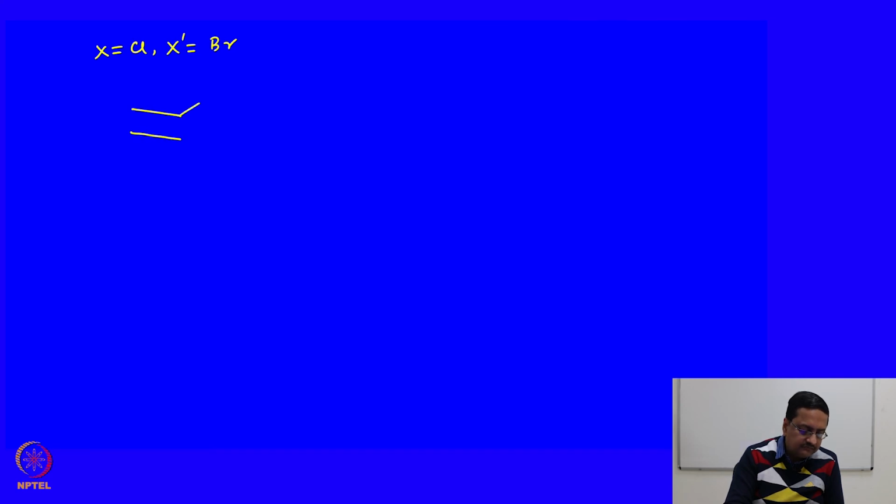What happens when the two substituents are different? Suppose X equals chlorine and X prime equals bromine. So, let us draw the molecule in its chair form, and the corresponding mirror image.